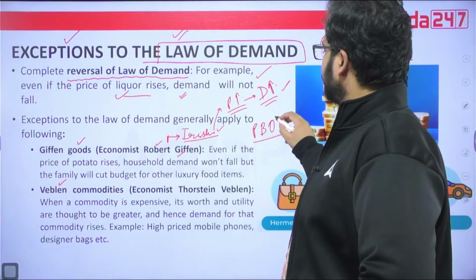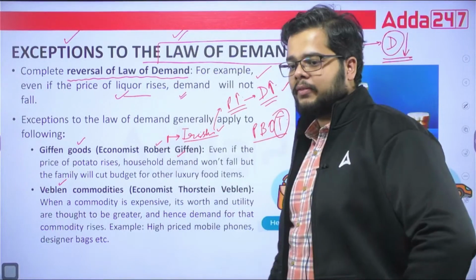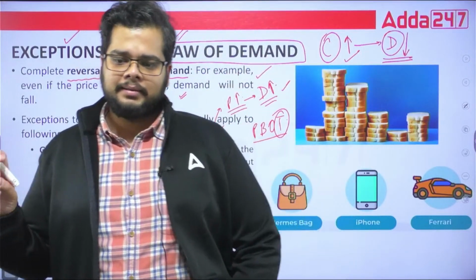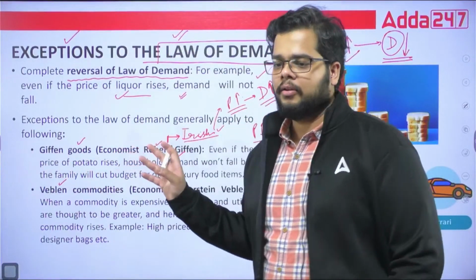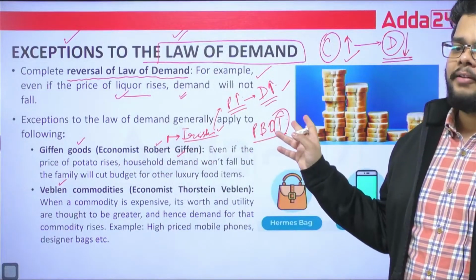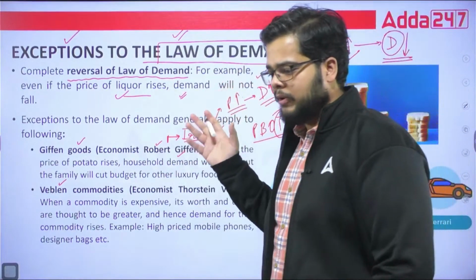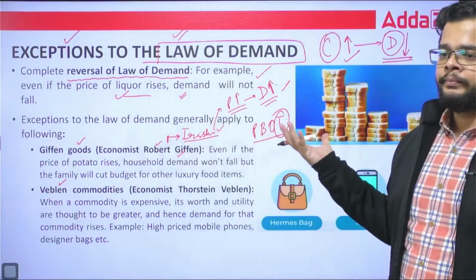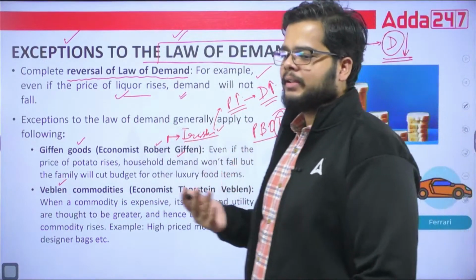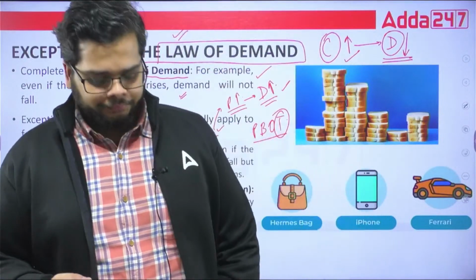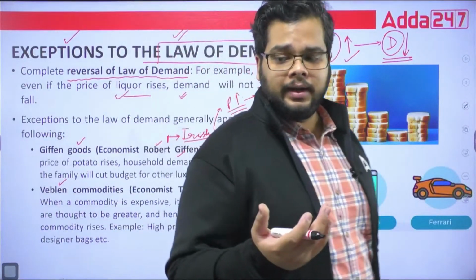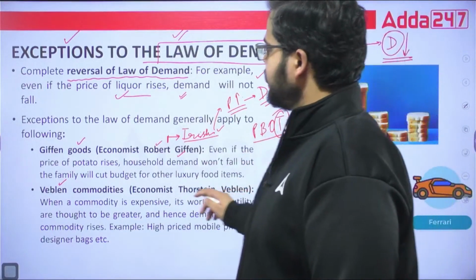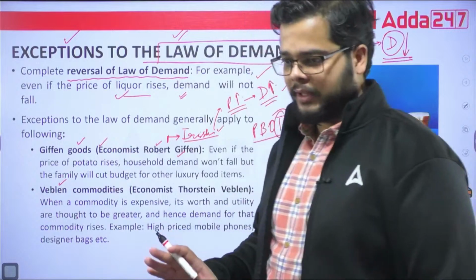In India also, you might have noticed that every year, at least one time, tomatoes have high prices. There will be a price rise in tomatoes. Still, people will consume that. Inflation is there, everything is there, but the basic households will consume these products. So all those basic products are known as Giffen goods.